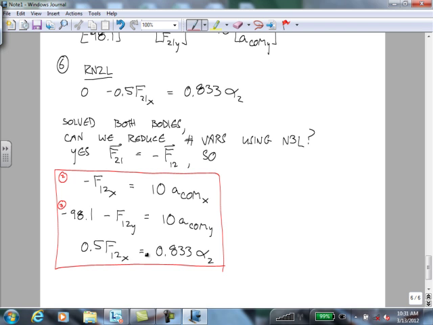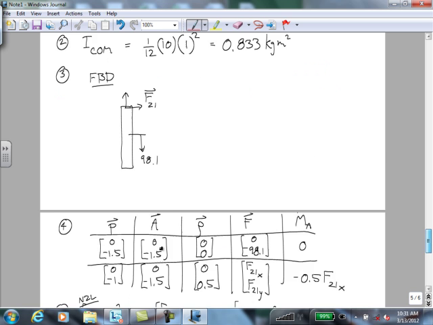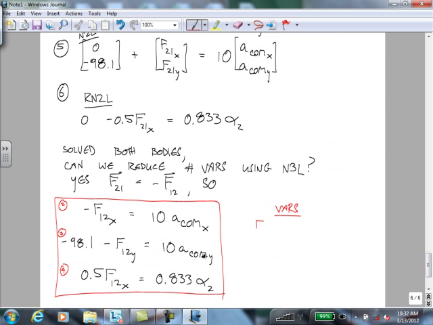And now let's take inventory of our variables. Where are we with the variables? Well, from before, we had F12x and alpha 1. Now we also have F12y introduced in this set of equations. And we also have the acceleration of the center of mass, full vector, for body 2.